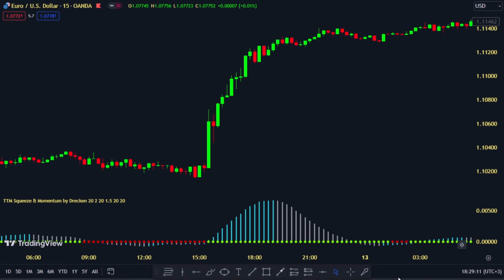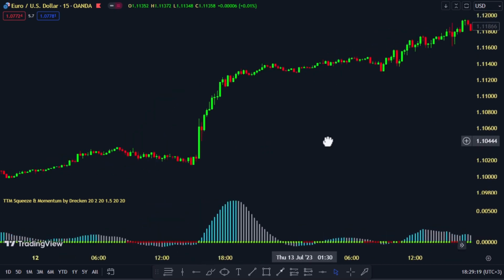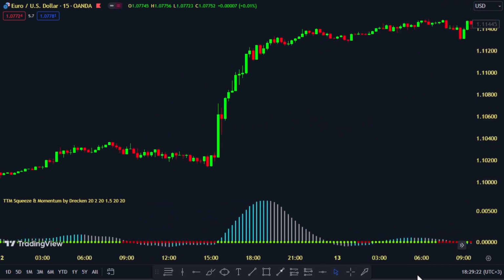And guess what? The price action usually mirrors this with some exciting movements. When the zero line of the TTM squeeze indicator turns red, it's a sign of consolidation. If you spot several red dots in a row, that's an indicator that a squeeze is happening. This means there's a high probability of a breakout occurring when you see the next green dot.